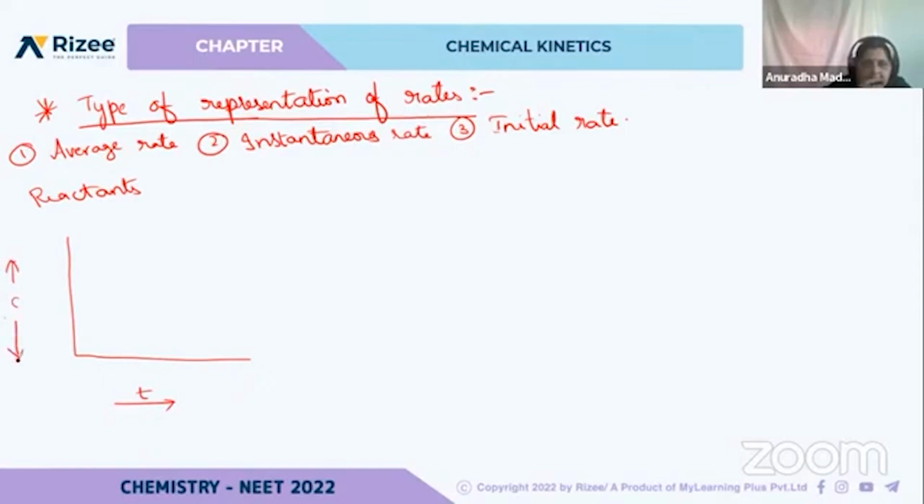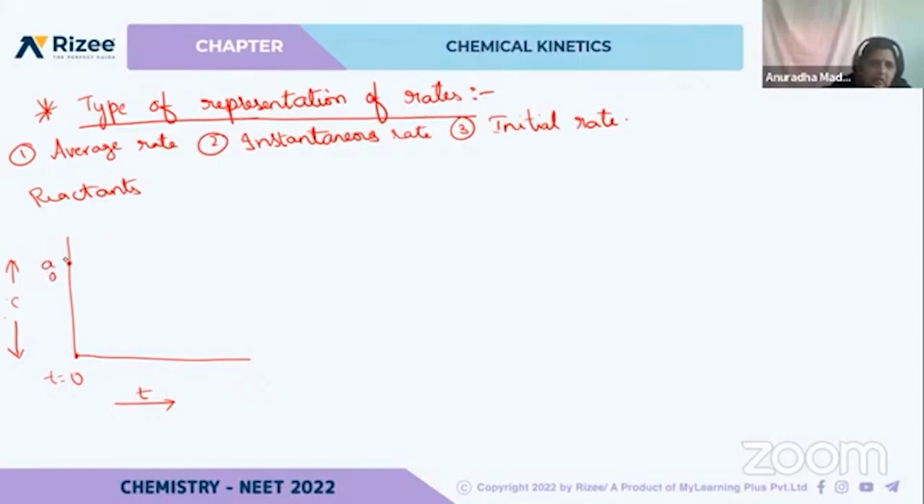At T0, the concentration of reactant is A0, let it be.